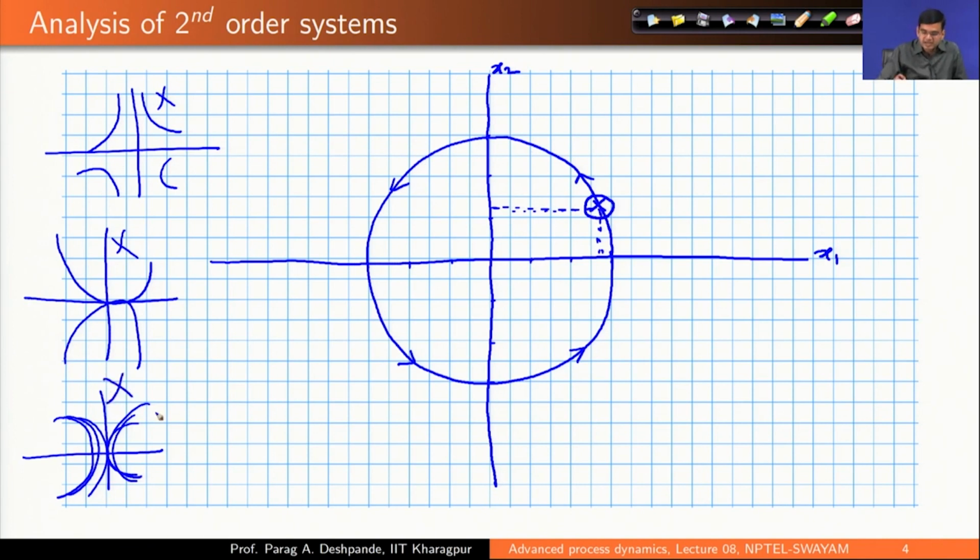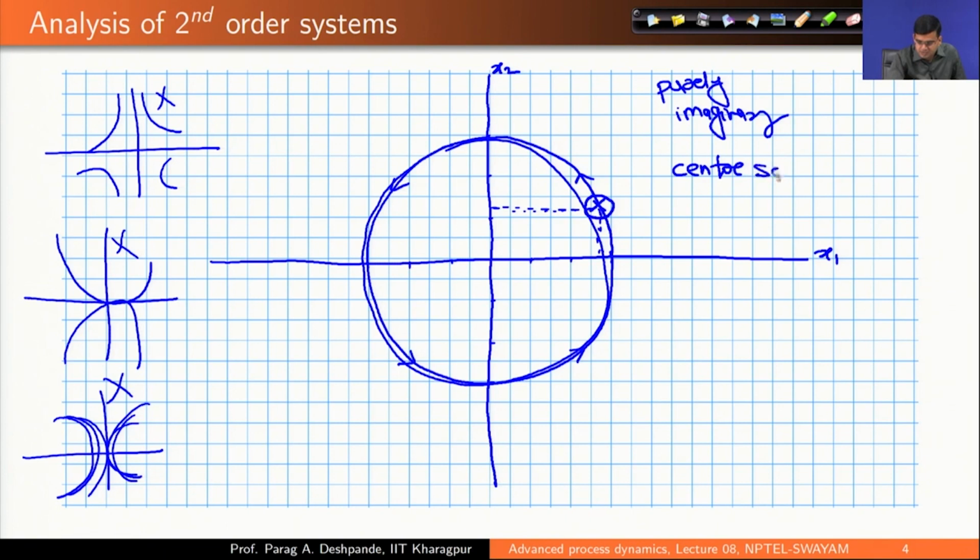But when the eigenvalues are purely imaginary, this is important, purely imaginary, not just complex numbers, then what you see is that you have a dynamical behavior which looks like this, and therefore, such solutions are called center solutions, because about a center the solutions keep revolving.